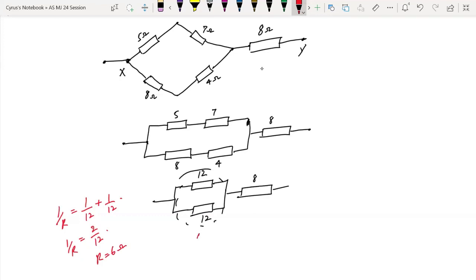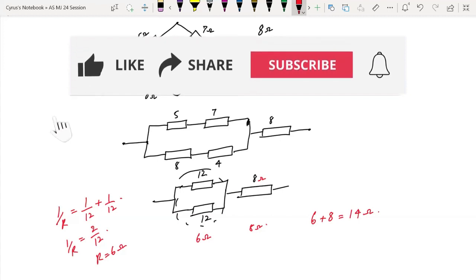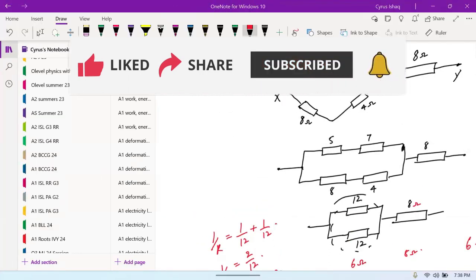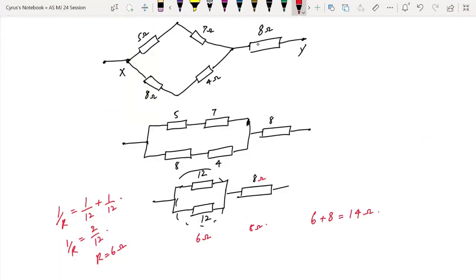What you get is that you get 6 ohms here and you get 8 ohms here. And you get 6 plus 8 as 14 ohms. So this is how you approach such questions, right?